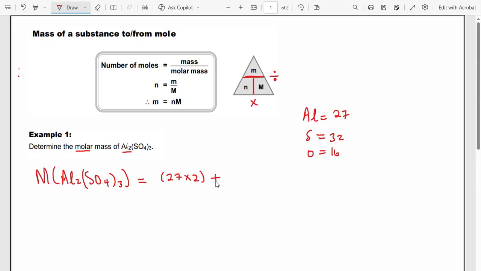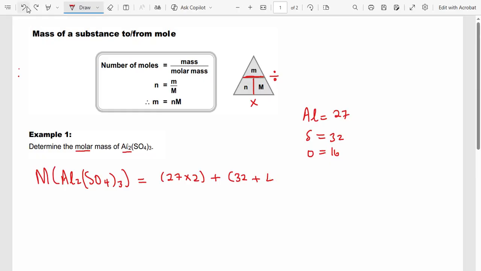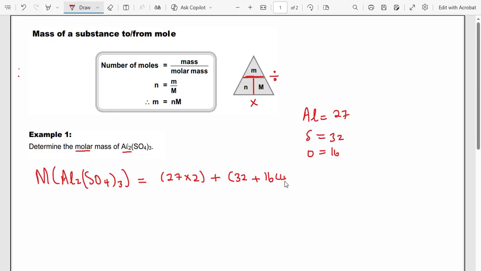Then you add the next letter, which is S. You put it inside the bracket, and that will be 32. We're going to multiply with the subscript of S, so it's just 32. Then we add for O, that's 16 times 4, and then close the bracket.